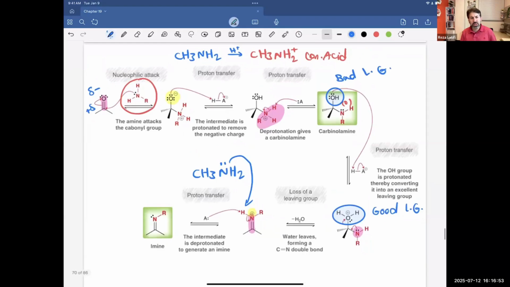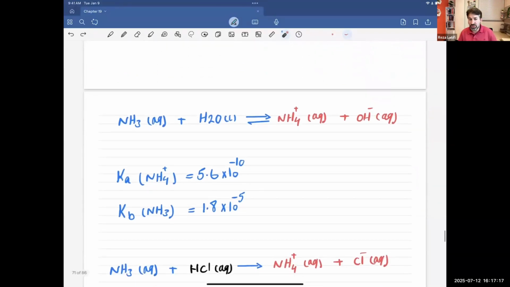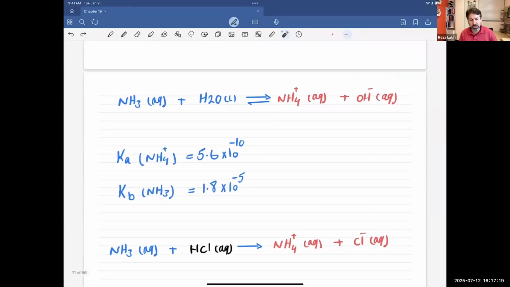But the question is, how can we have both acid and the base, CH3NH2? I'm talking about this compound. How can we have this compound, and also use it as a reactant? Let's go after that one. NH3, we know, is a base. The Kb for it is 1.8 multiplied by 10 to the power of -5.